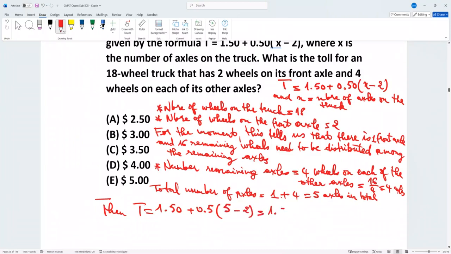It's going to be 1.5 plus 0.5 times 3, and then this will give us 1.5 plus 1.5, which is equal to 3. So T is equal to 3. So here we can find the answer choices. The answer choice B corresponds to what we have found. So that's our correct answer.